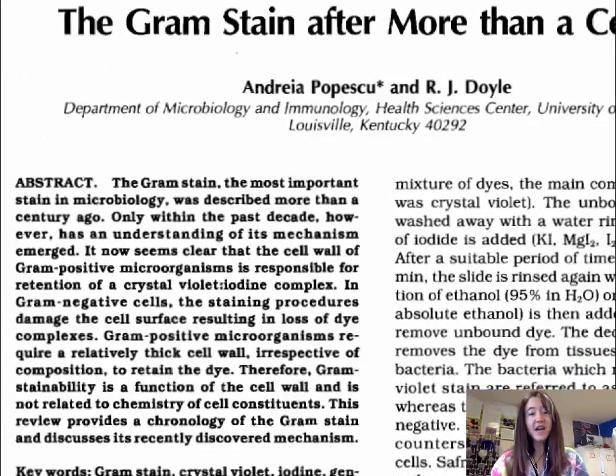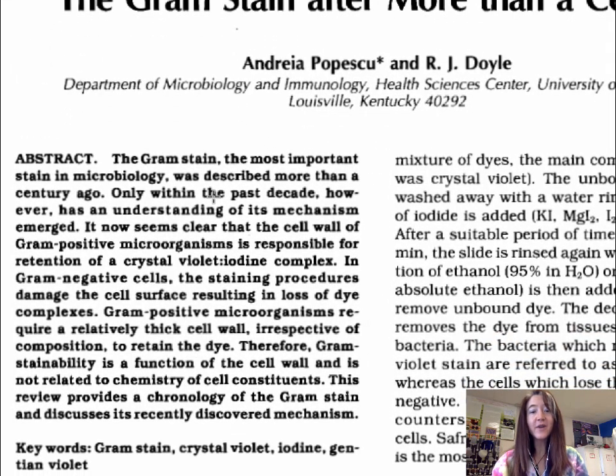In the abstract of this publication, we can read, "The gram stain, the most important stain in microbiology, was described more than a century ago. Only within the past decade, however, have we begun to understand its mechanism." We understand that the cell wall of gram-positive microorganisms is responsible for retention of the crystal violet iodine complex.